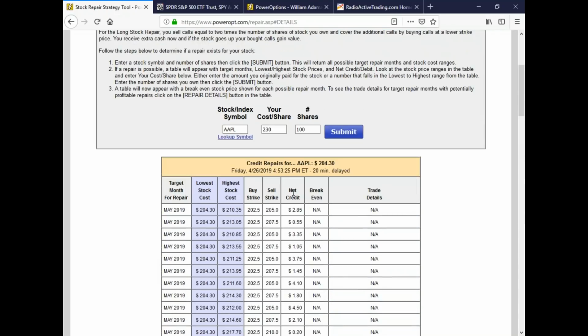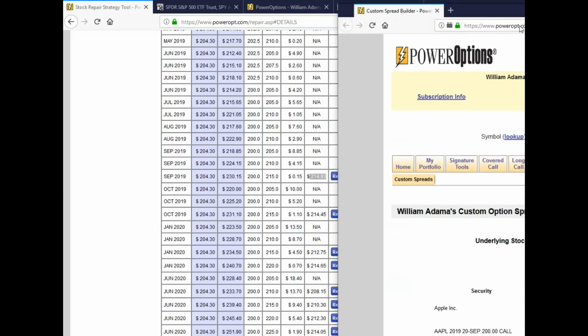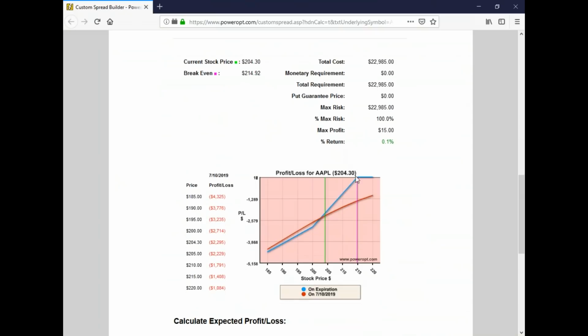However, this is the stock repair, and it's very useful to get back to break even. Usually I'd like to see something closer at a lower price. You don't need the stock to go back to 230. You only need to go back to 215. You've cut it in half. But when I click on Analyze Trade, it gives me the profit and loss of this potential stock repair. It is based on the stock going up, not something I want to do in earnings. Why?